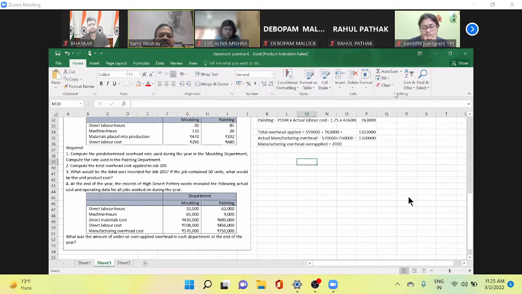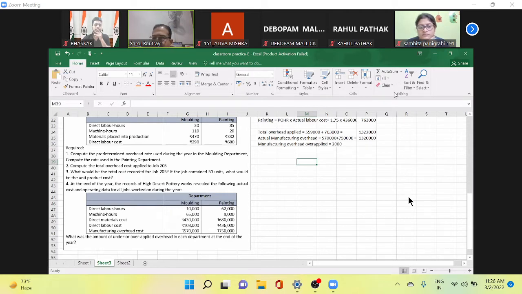Then in that case, why should we just adjust it with the cost of goods sold? The assumption is that there are two reasons. First reason is it is easy. You don't need to calculate proportionately how it has been applied to all the work in progress, finished goods, and cost of goods sold, and deduct it or add it there. So it's very simple, just do this adjustment with cost of goods sold.